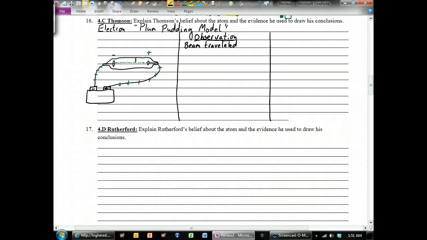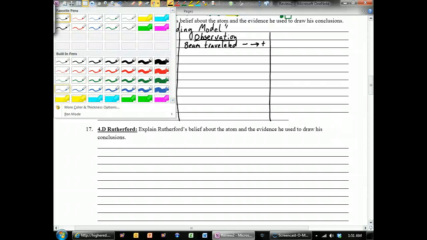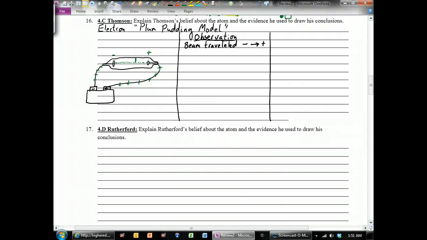What he concluded, because it was going away from the negative side and towards the positive side, was that the beam was negative, because it was repelled by the negative side of the cathode, which is over here, and went towards the positive side.